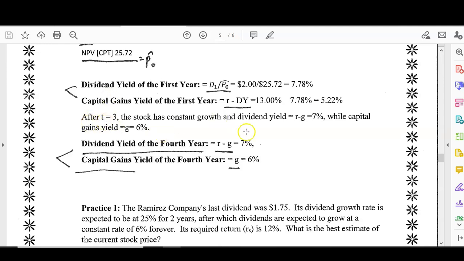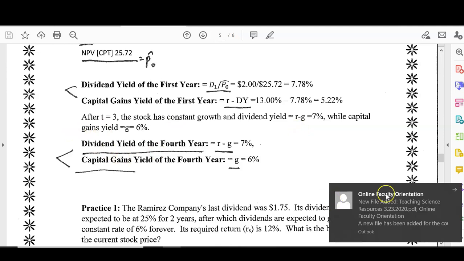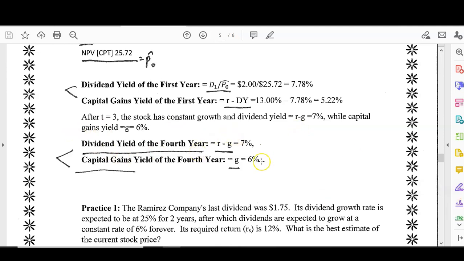After 3 years, it's in the constant growth model setting, so dividend yield becomes R minus G, capital gains yield equals G. Okay, so in the fourth year or in any year after the third year, dividend yield becomes 7%, capital gains yield becomes 6%.